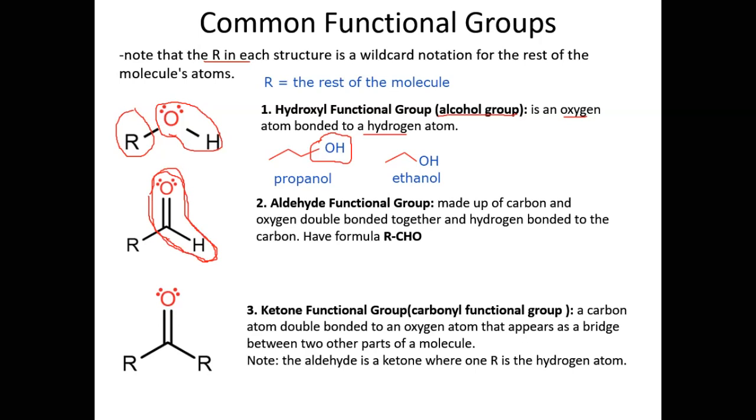So using the alcohol example, if we were to make that propanol into an aldehyde, propanol, I believe is the correct term, so we go 1, 2, it would look something like this.